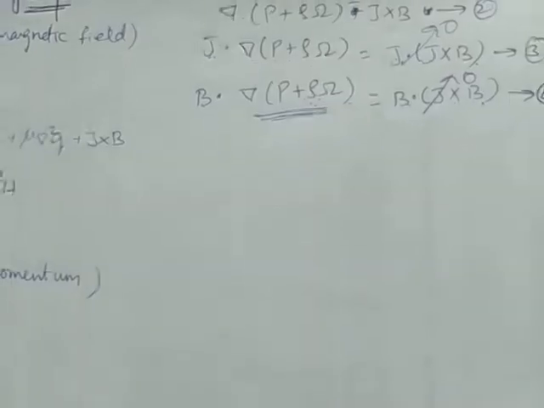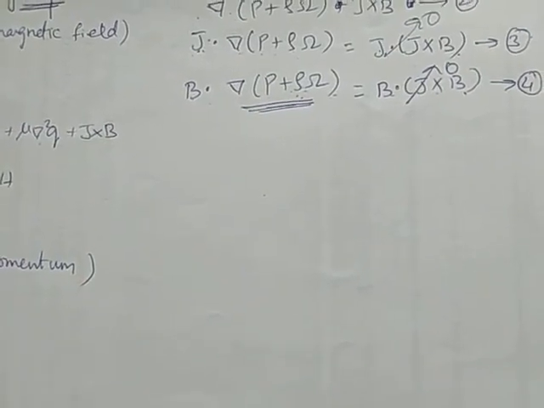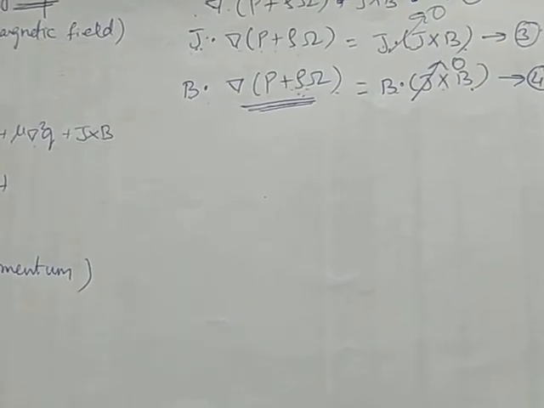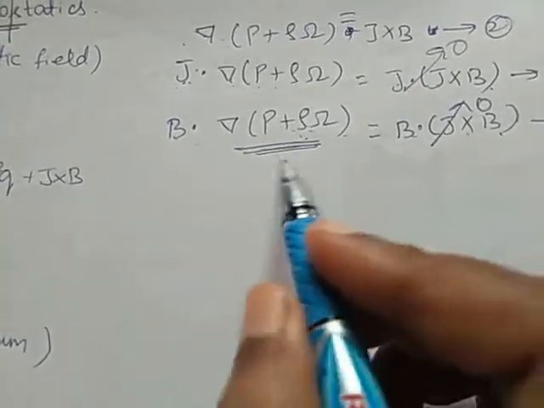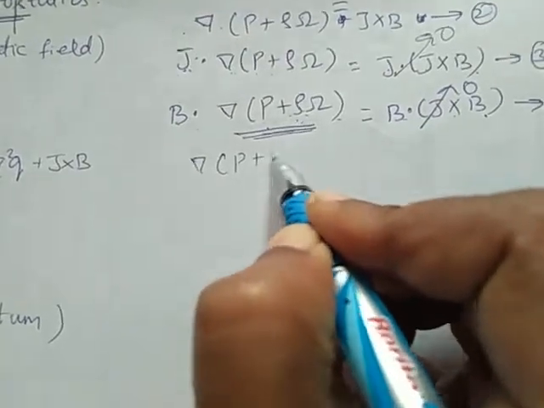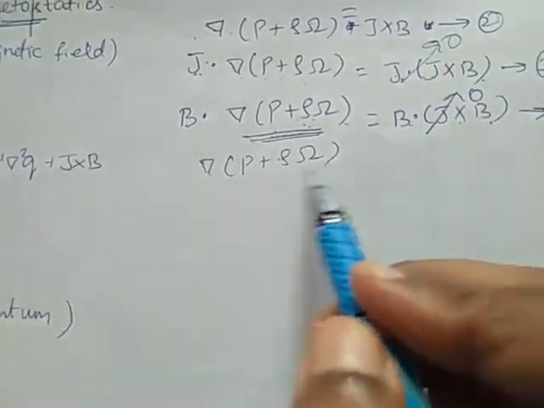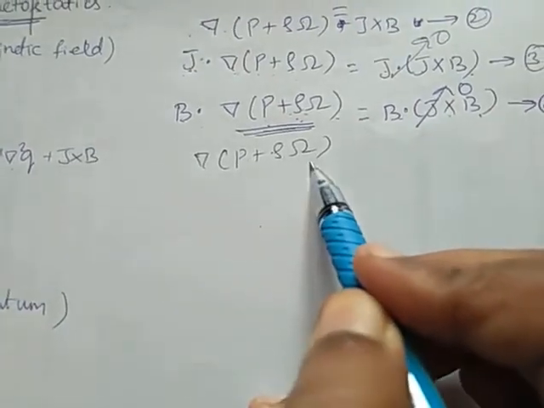Also, consider the geometrical meaning of the gradient of a scalar function. We notice that del of (P plus rho omega) is a vector normal to the surface P plus rho omega.